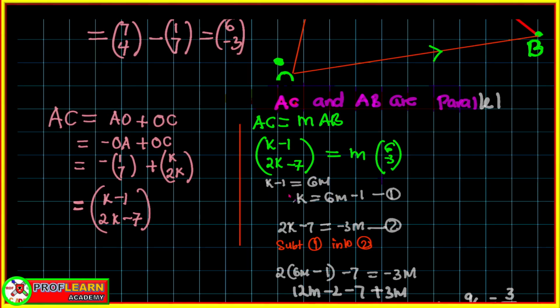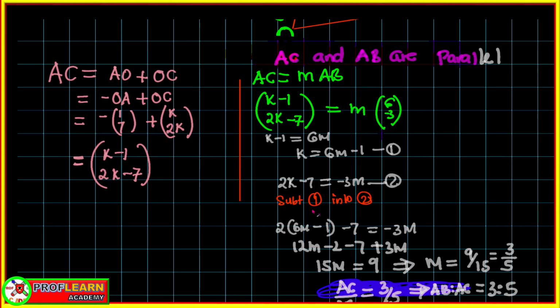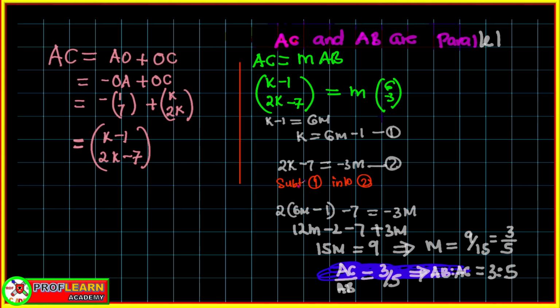If you take the x components and the y components, you are going to form two equations. If you solve the two equations simultaneously, maybe by substitution, you are going to get the value of m is 3/5.